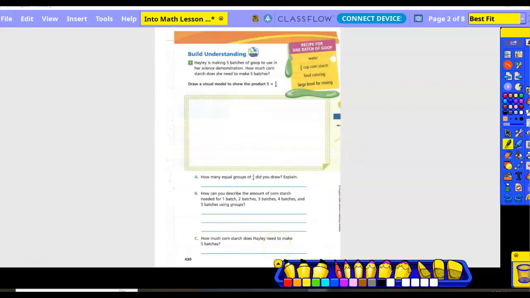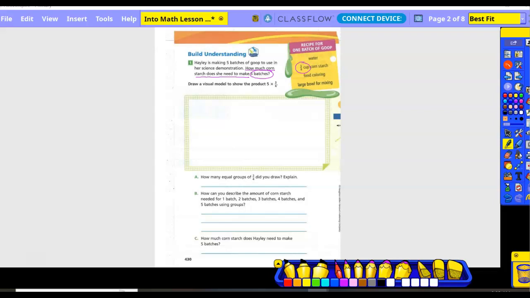Build understanding. Number 1, Haley is making 5 batches of goop to use in her science demonstration. How much cornstarch does she need to make 5 batches? Okay, so they told us she's going to make 5 batches, right? How much cornstarch does she need? And 3/4 of a cup per batch, right? Okay, so what am I going to draw? 5 times 3/4.